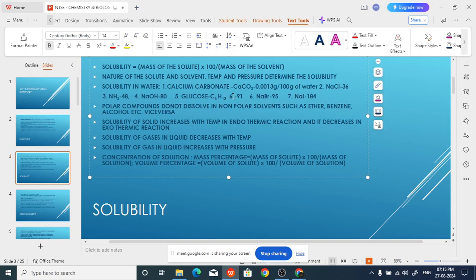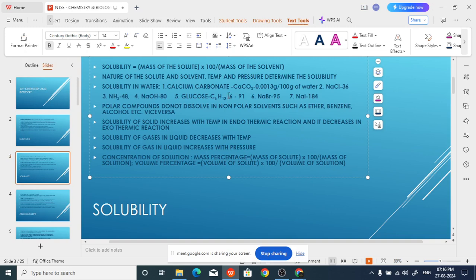Sorry, what I had written was wrong; it is 91. The solubility of glucose is equal to 91. NaBr is equal to 95. NaI, the sodium iodide, is equal to 184.